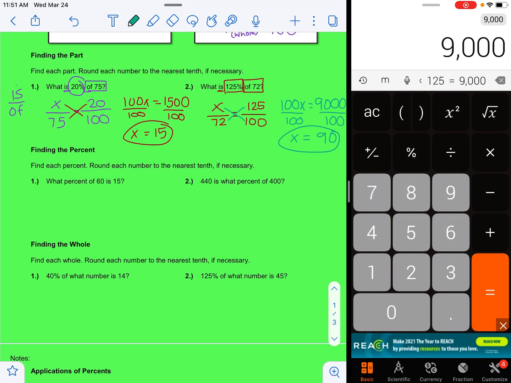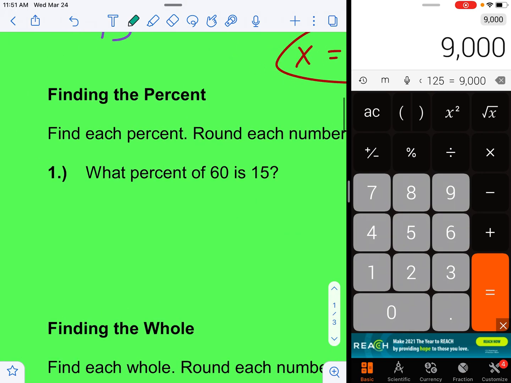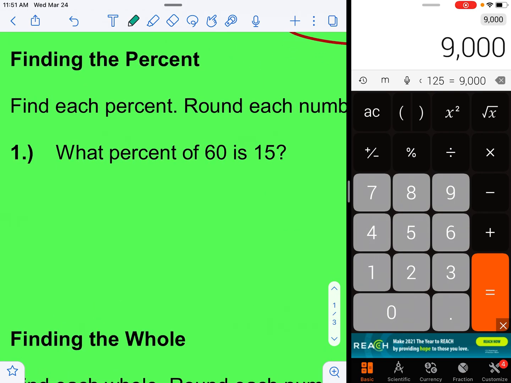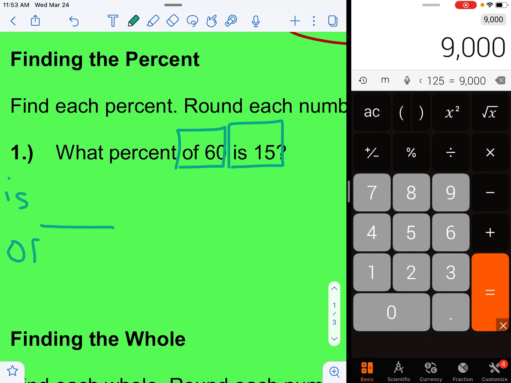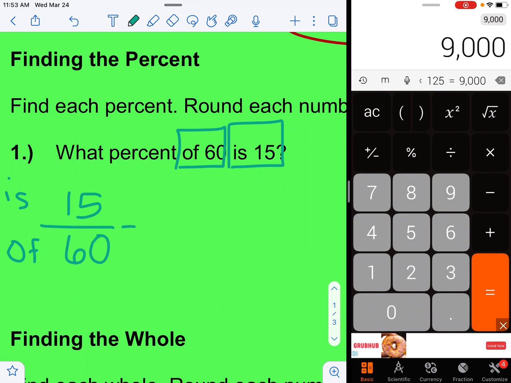Awesome, now we're going to work on finding the percent. So we round each number to the nearest tenth if necessary. It is saying what percent of 60 is 15. Remember it's is over of. So our is 15 and our of is 60. But we don't know what percent that is. So our percent is x, but we always know it's over 100.